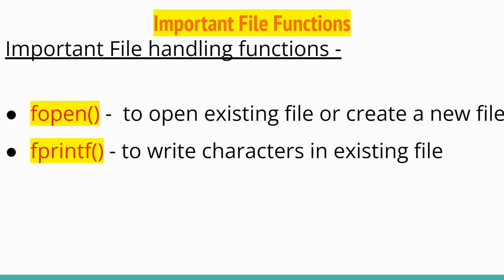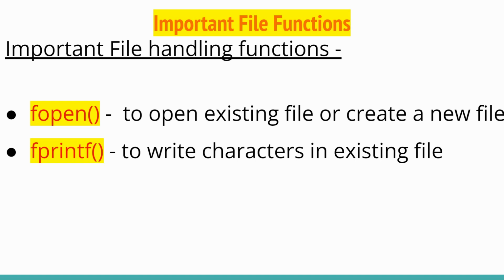Let us go through some important file functions. The most important function is fopen. It is used to open an existing file or create a new file. The second important function is fprintf. It is used to write characters into an existing file.